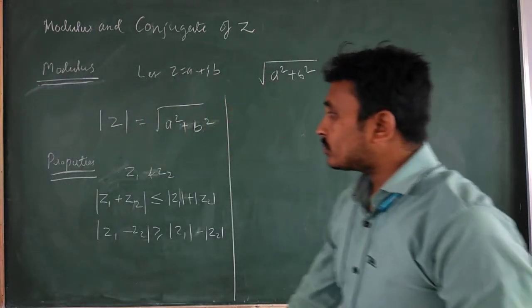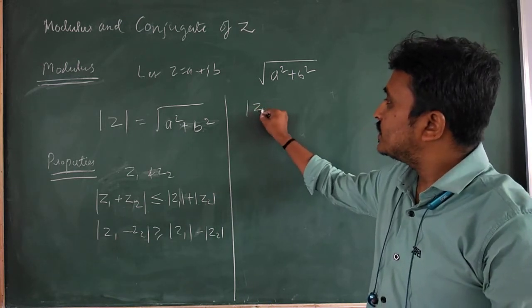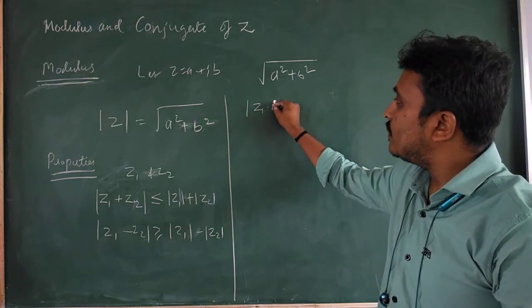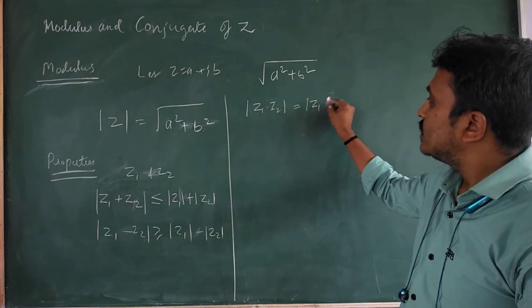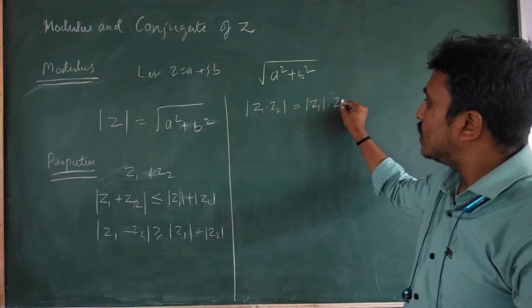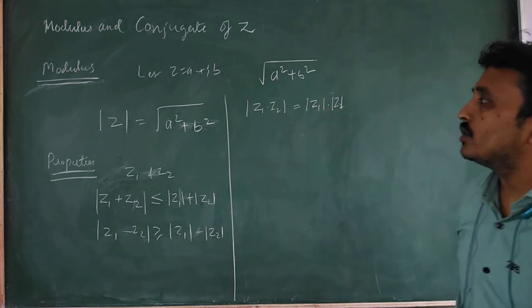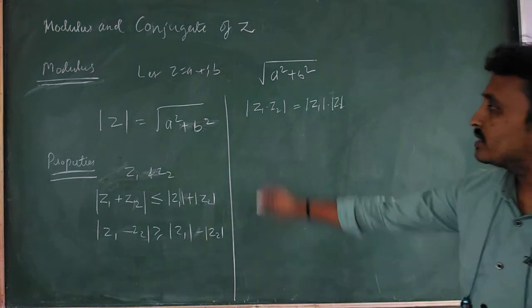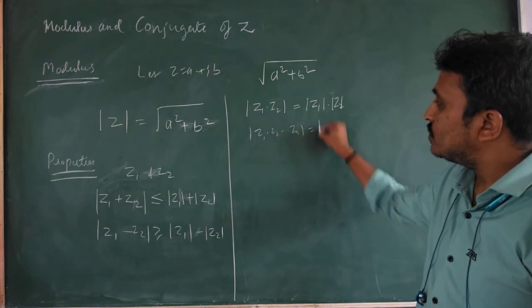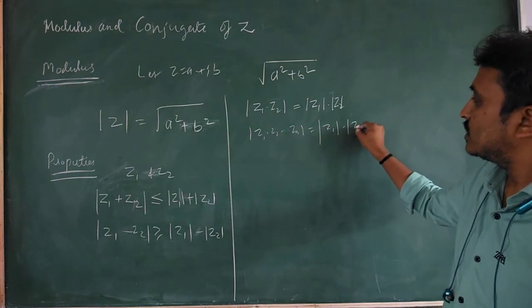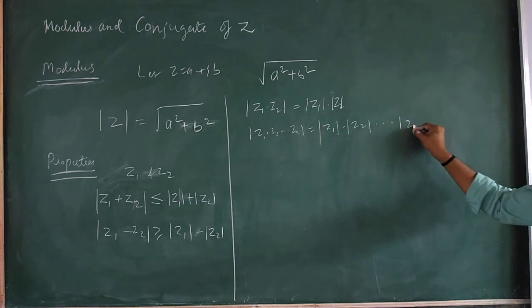And next, modulus of z1 into z2 equals modulus of z1 into modulus of z2. Modulus of z1 into z2 into so on up to zn is equal to modulus of z1 into modulus of z2 and so on up to modulus of zn.